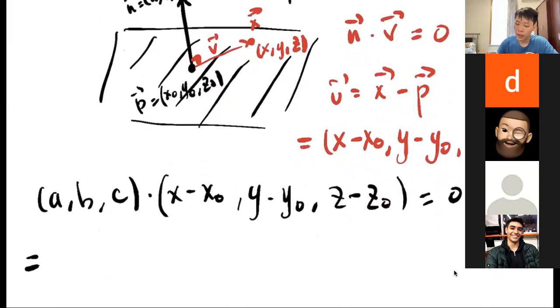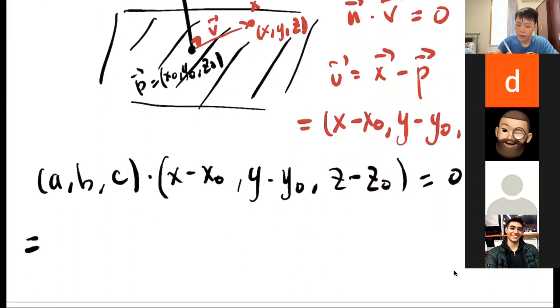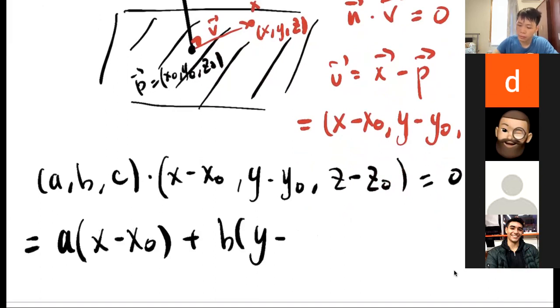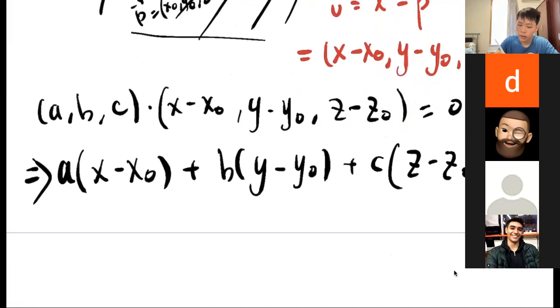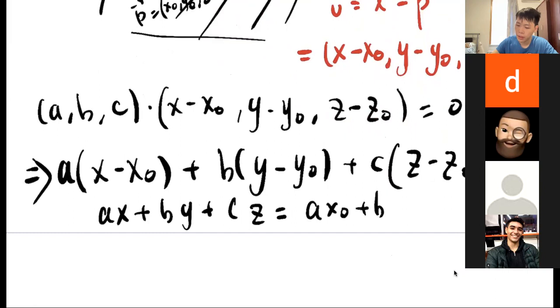Okay, and that means A times x minus x0 plus B times y minus y0 plus C times z minus z0 is 0. So you have an equation on x and y and z such that ax plus by plus cz is equal to ax0 plus by0 plus cz0. Okay.